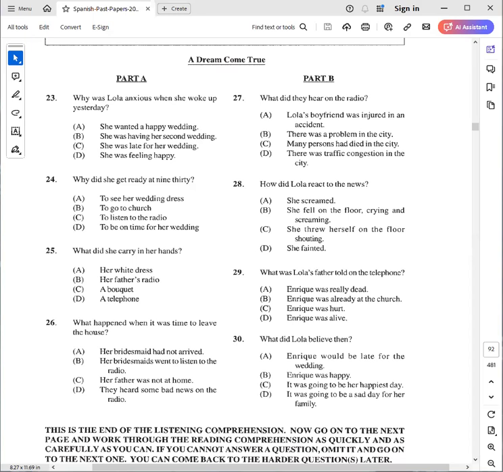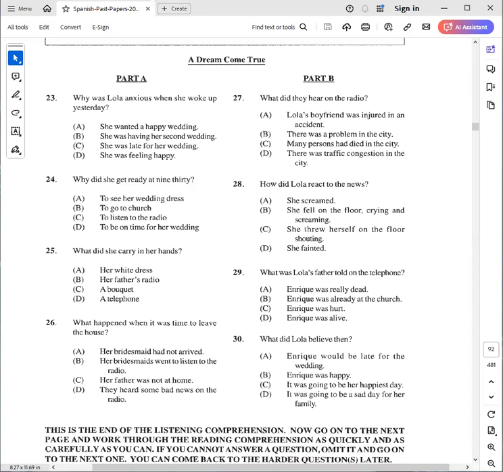Hacia las 9:30, Lola ya estaba lista. So therefore, at 9:30, Lola was already prepared. Ella estaba bonita y elegante en un hermoso vestido blanco. So she was very beautiful and elegant in a beautiful white dress. Llevaba un ramo de orquídeas bonitas. So she had a bouquet of beautiful orchids, and she looked very happy.